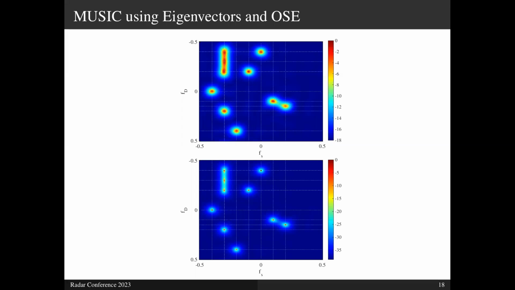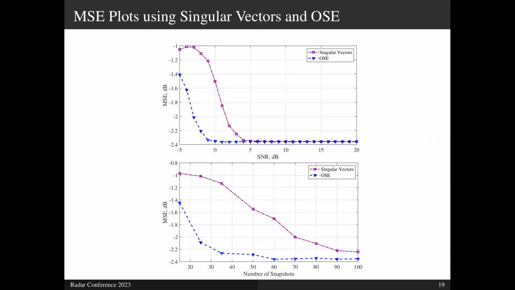We also looked at mean squared error plots. In the top panel, we fixed the number of snapshots to about 49, and we are varying the signal to noise ratio from -5 dB to 20 dB, and plotting the mean square error on a dB scale. The purple line is for when we use singular vectors or eigenvectors directly, and the blue line is for OSE.